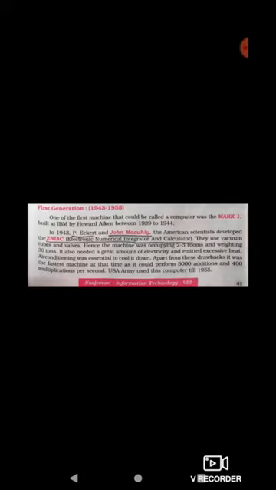So if you go back to this period, 1943, two persons, Eckert and John Mauchly, two American scientists, developed one of the computers named ENIAC. ENIAC stands for Electronic Numerical Integrator and Calculator.